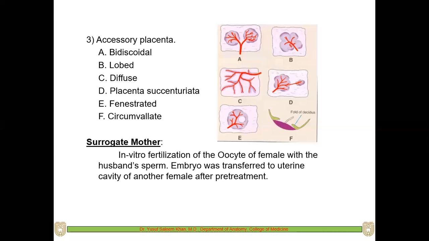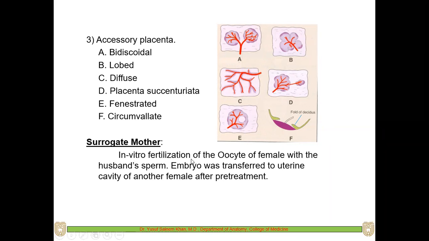In those cases, we go for an adopted mother, outside the marriage, some other female who can carry this pregnancy till birth. Such mothers carry somebody else's baby just for helping or sometimes for the sake of money. Such ladies are called surrogate mothers.